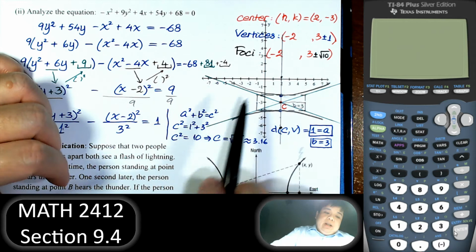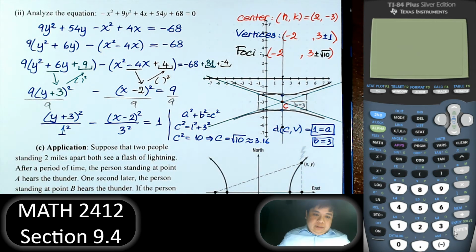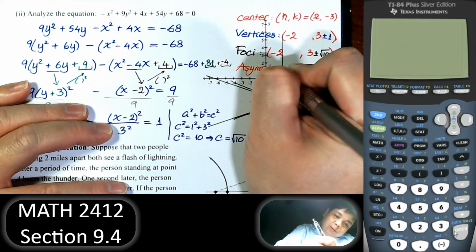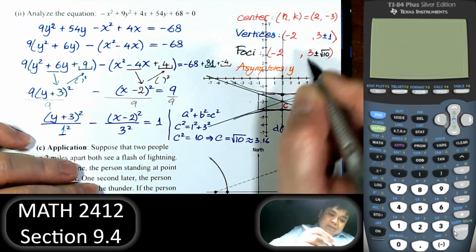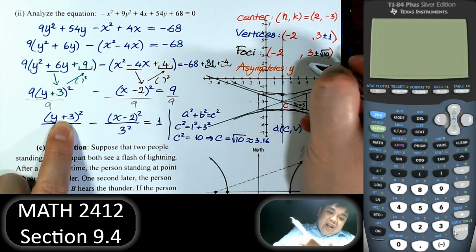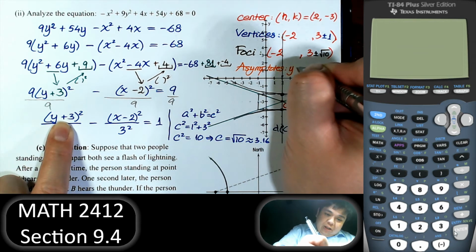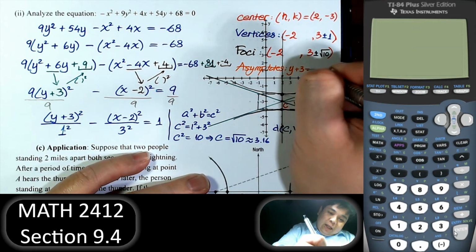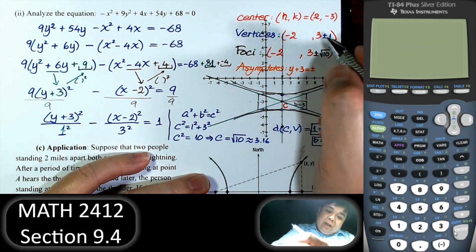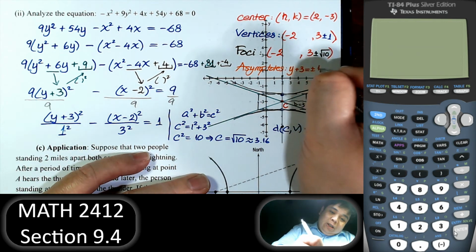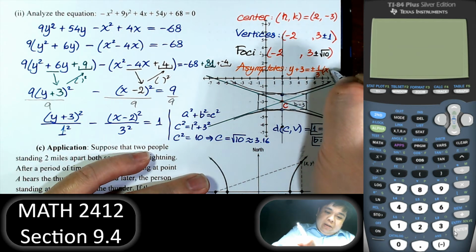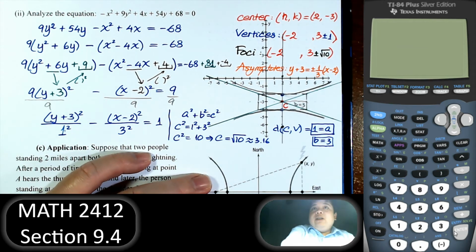And then the asymptotes will be y minus negative 3, or y plus 3, equal to plus or minus the slope, up 1 unit, right 3 units, and we have x minus 2.